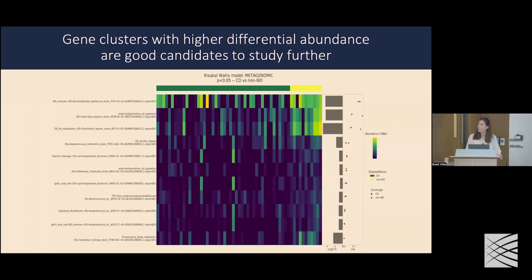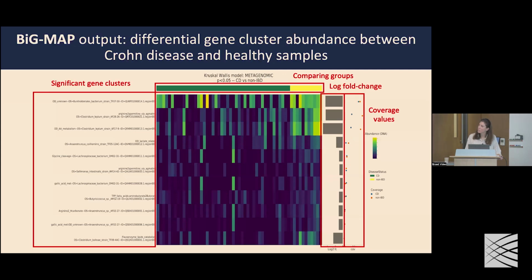Sorry, can I ask again? Yeah. So do I also get the information by using that tool, for example, which part of the biosynthetic gene cluster has which coverage? For example, is the transporter upregulated, but the metabolic component is not? Mm-hmm. Yes. So that's not part of the output of BigMap per se, but this is something you can process later with intermediate files that we generate and visualize with other tools.